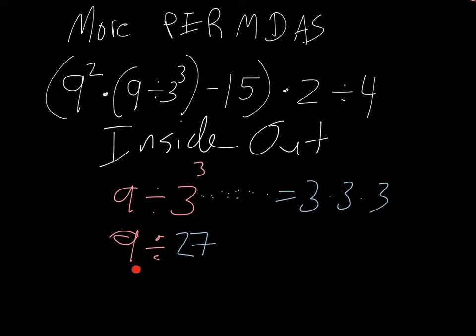So now I have 9 divided by 27. A common mistake is people will write it the wrong way. I like to write division as a fraction. So this is the same as 9 divided by 27. I reduce that fraction, and that is 1 divided by 3.